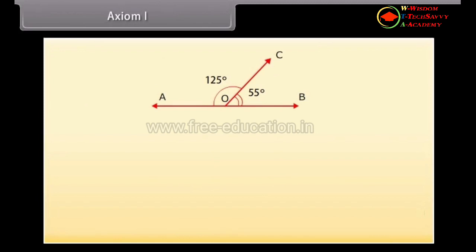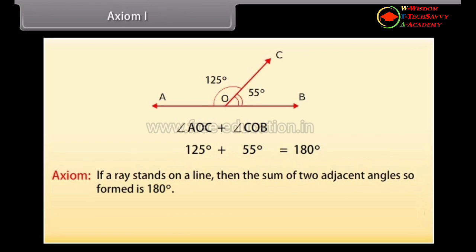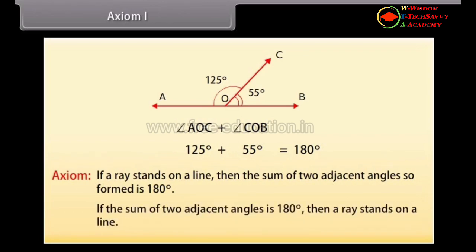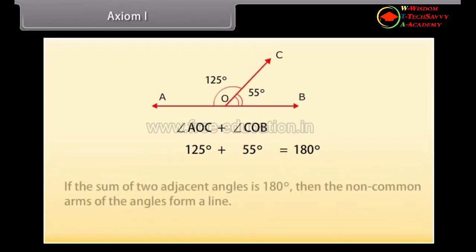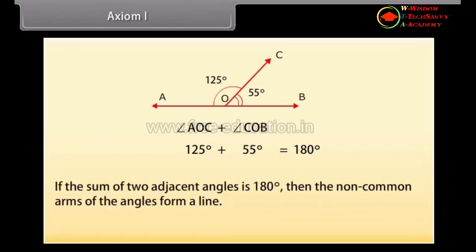Also we can see that angle AOC plus angle COB is equal to 125 degrees plus 55 degrees, which is equal to 180 degrees. From this we may conclude that this statement is true. And we can state it in the form of another axiom, which is, if the sum of two adjacent angles is 180 degrees, then the non-common arms of the angles form a line.